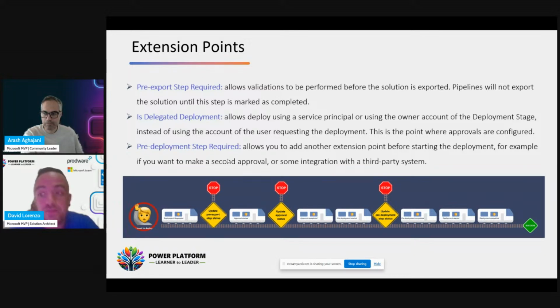Also from here, if the deployment is approved, we will connect to the DevOps API in order to complete and export the solution to the repository and do a continuous integration flow. So we will see this in the demo later.